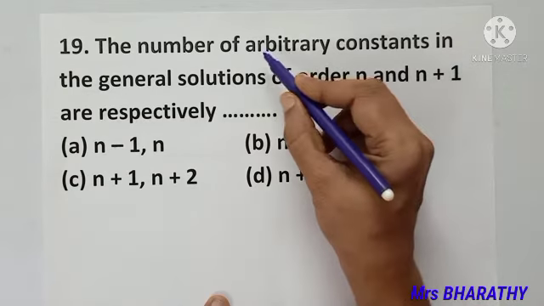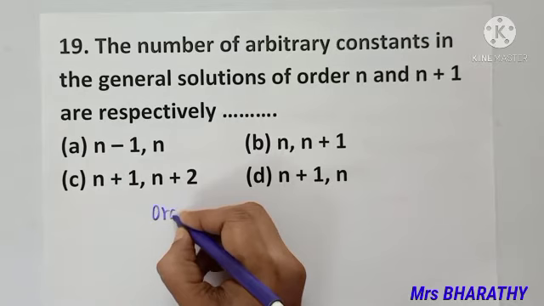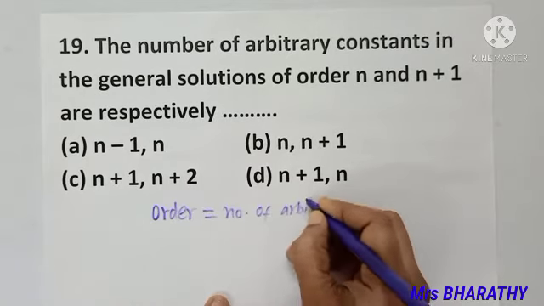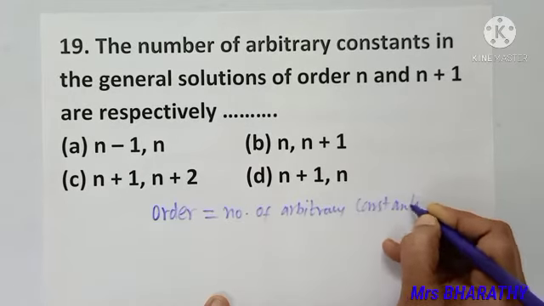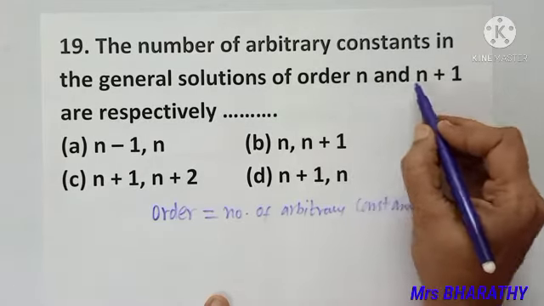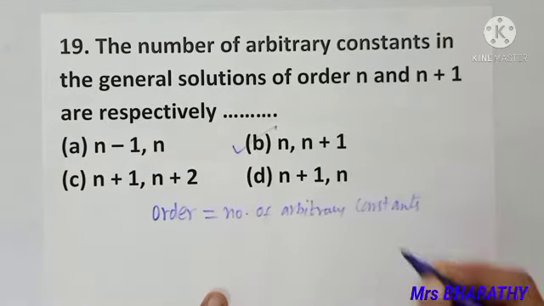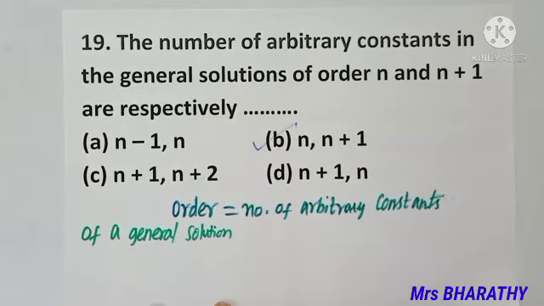So order equals number of arbitrary constants. When the order is n and n plus 1, arbitrary constants will also be n and n plus 1, and the right choice is B.